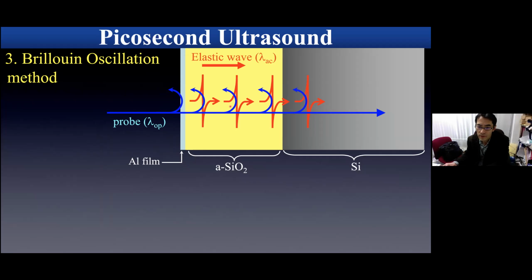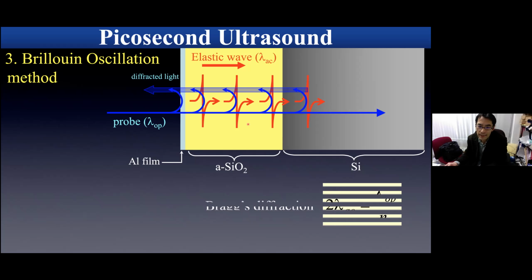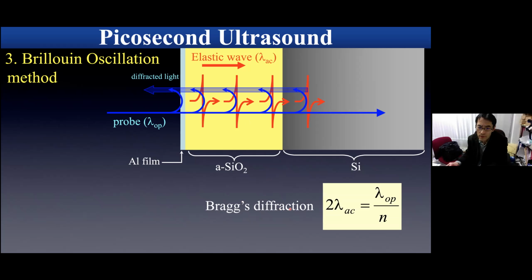In the case of a very high frequency ultrasound wave, the wavelength is close to or shorter than that of the probe light. Then, because of Bragg diffraction, backward diffraction of the light occurs from the acoustic pulse. So the ultrasound wave can reflect the light when its wavelength is very, very short.